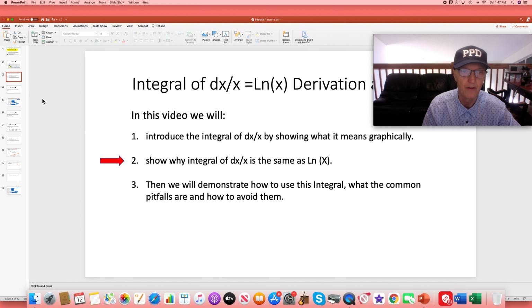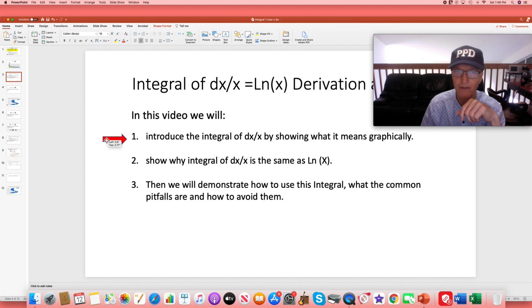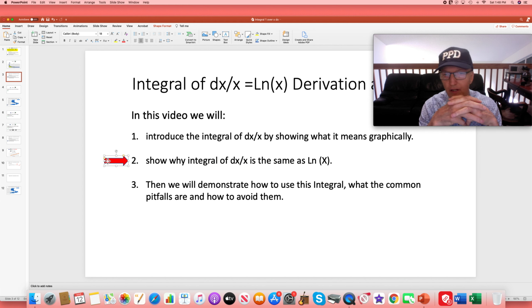So let's go on here. Now we're going to show, remember, I said what we're going to do, and we've done the first one, show what it means graphically. Now we want to show why the integral of dx over x is the same as ln x.